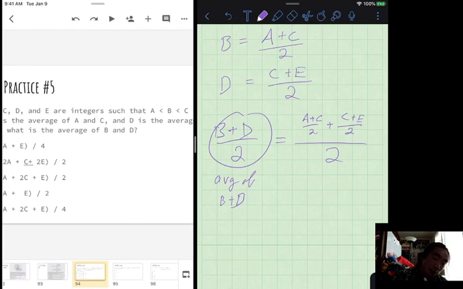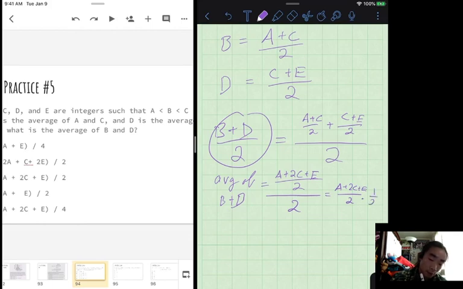We'll add fractions along the top. We get A plus 2C plus E all over 2. Notice that's the numerator of our big fraction, and we divide that by 2. We have fractions and fractions. It may look intimidating, but you can rewrite it. A plus 2C plus E over 2, when you divide by 2, it's like multiplying by 1/2, and suddenly it's a less scary problem.